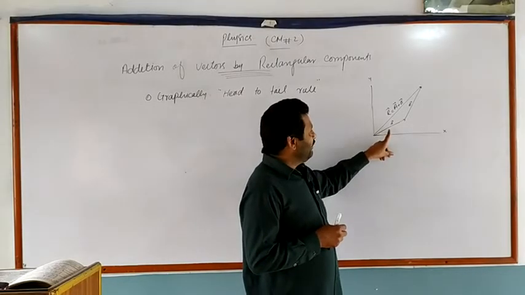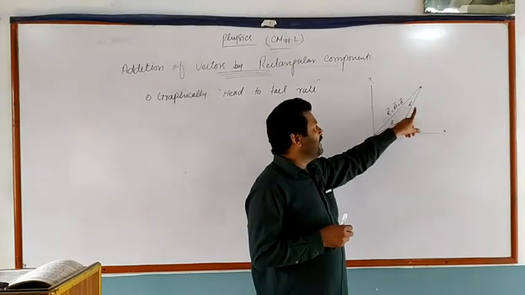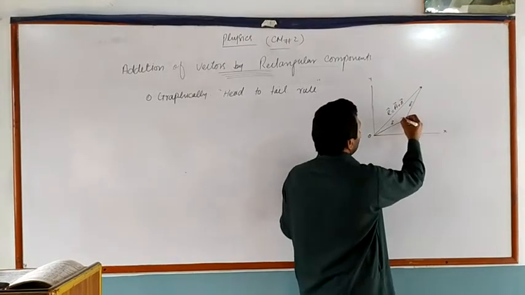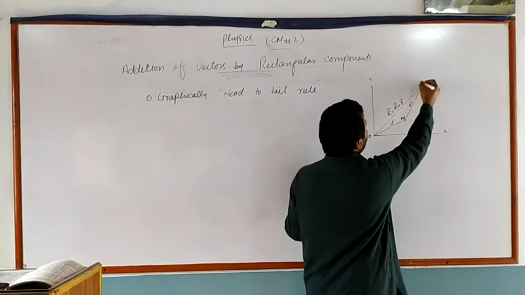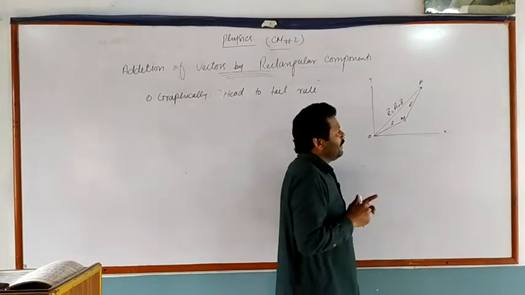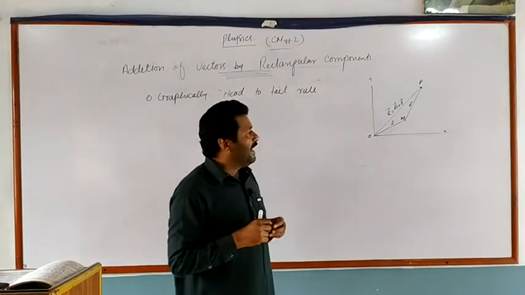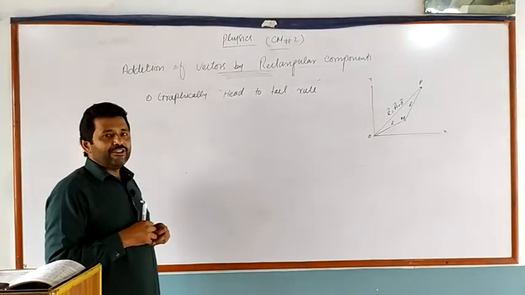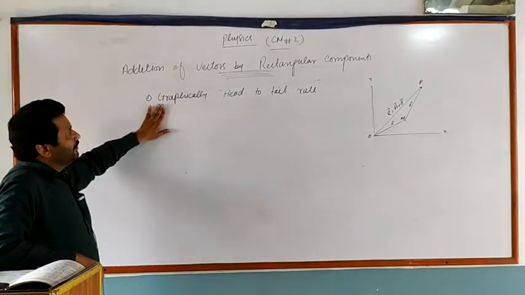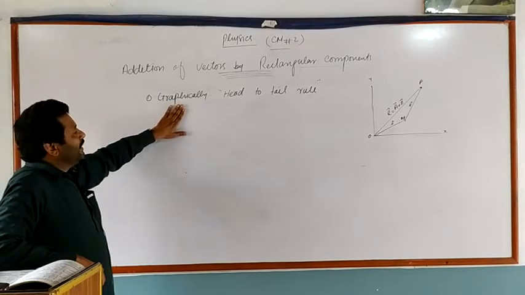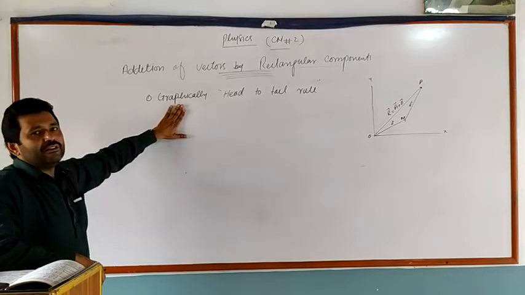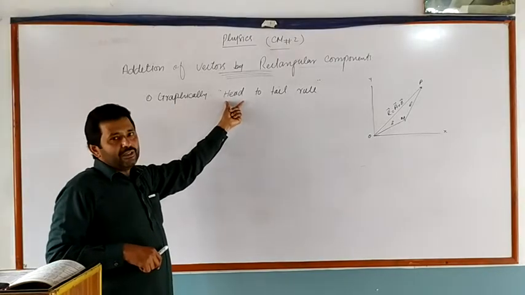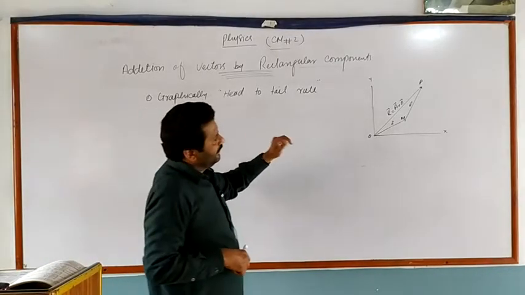We have supposed two vectors, vector A and vector B, represented by lines OM and MP. We have to add these two vectors. Addition of vectors is done only graphically, by a technique called the head to tail rule.